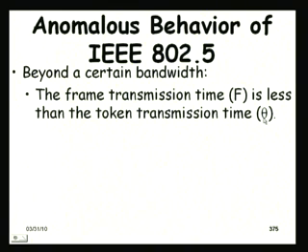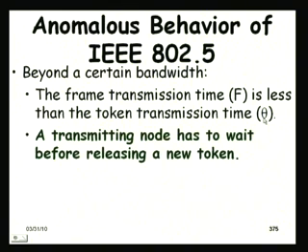So, beyond a certain bandwidth, the transmitting node has to wait before releasing a new token. Before starting to transmit a new frame, if the network has high bandwidth, it just idles. It has transmitted the frame because the bandwidth was high, it could transmit the frame in almost no time, but the header of the token took time to arrive at the node.